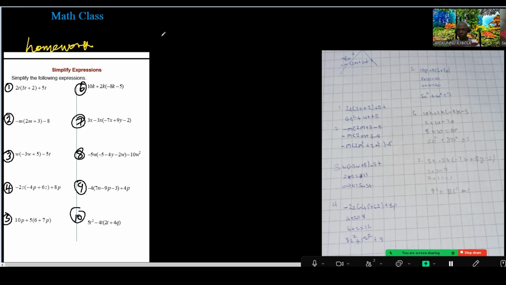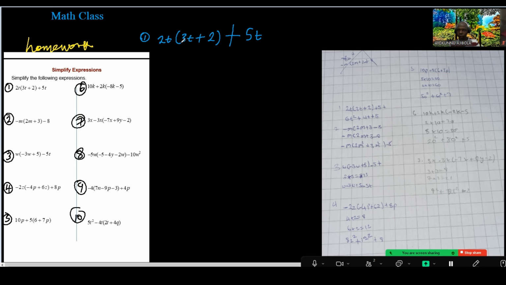If you look at this, the 2t is multiplying the bracket first, and it has nothing to do yet with the 5t.